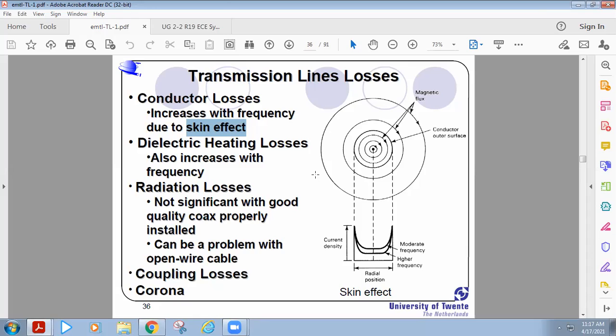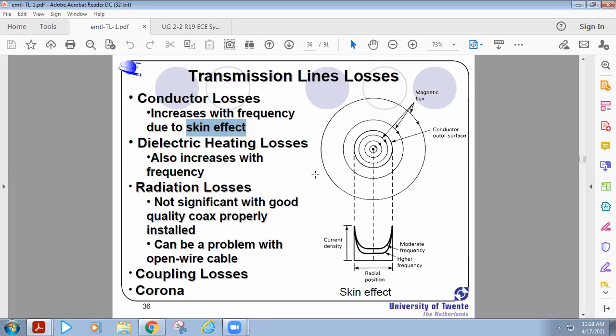Some techniques are there for the coupling of two coaxial cables, but if the coupling is not properly performed, there is a possibility of getting more and more losses. Those losses are called coupling losses, because if any losses exist because of that coupling, they are called coupling losses.